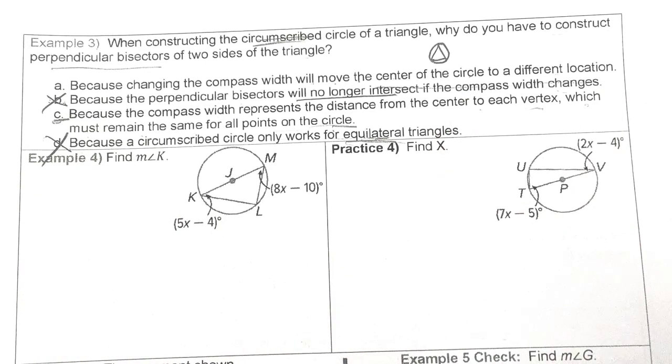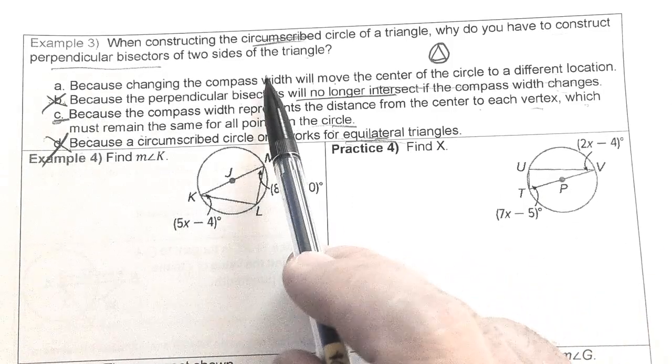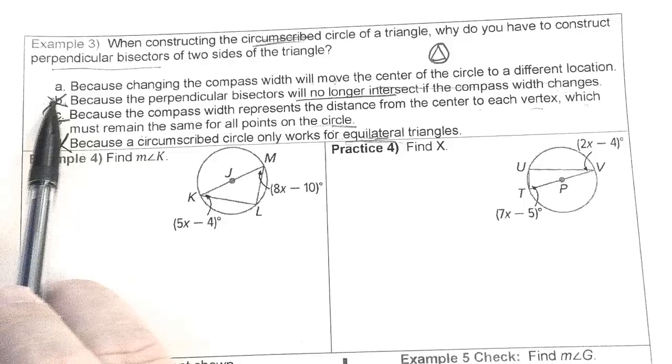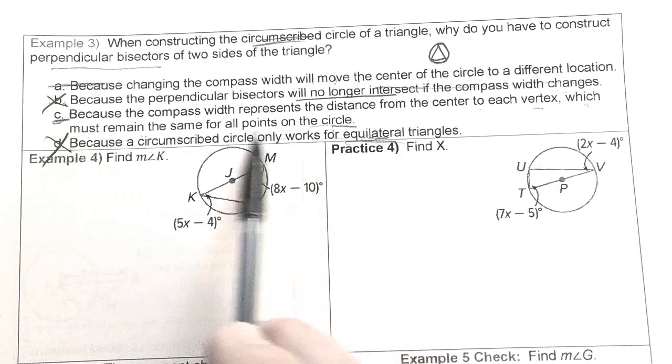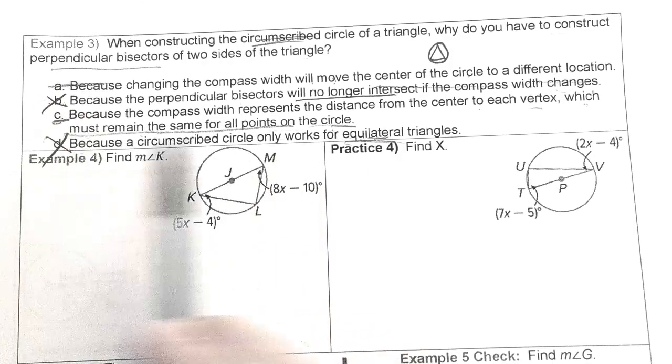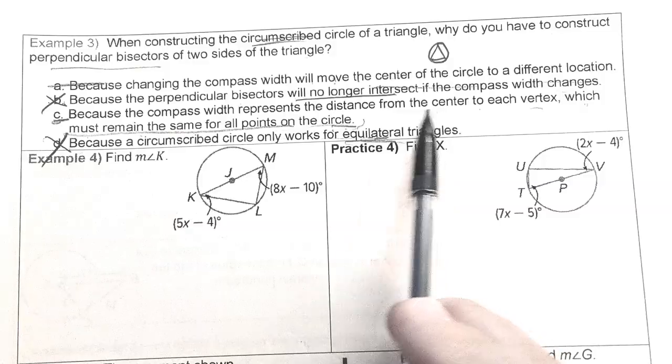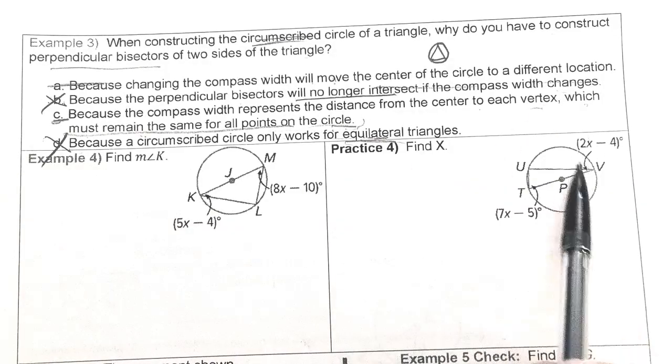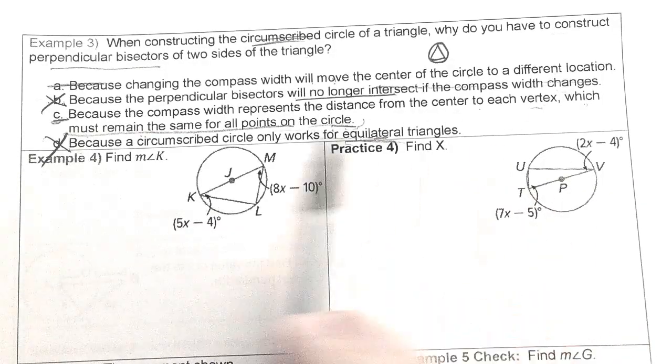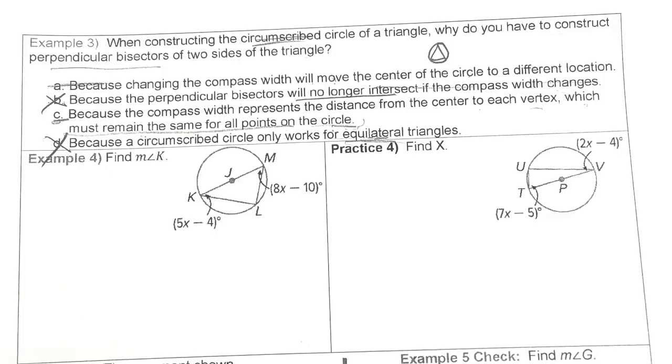I feel like these are different than what we had in class. But yes, if you do move it, it's going to change it, but that's not why we do that. It's because all the points must remain the same for the circle. So if it's equidistant from each vertex, it's going to go around and touch each vertex. So the answer ends up being C, and I'm just going to highlight it.